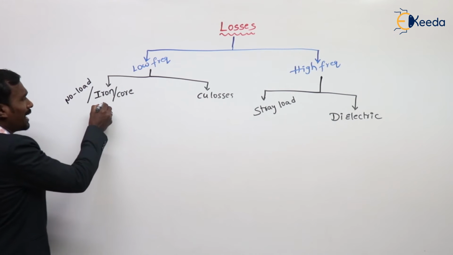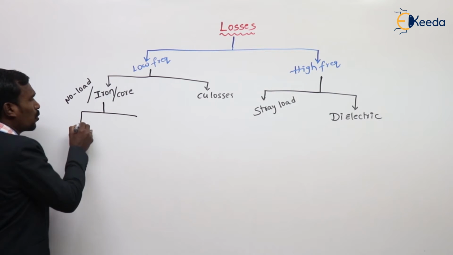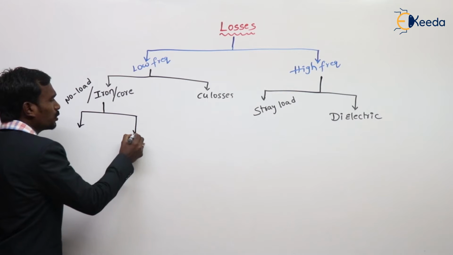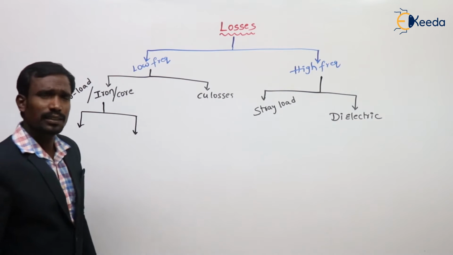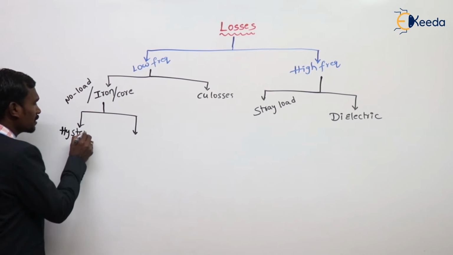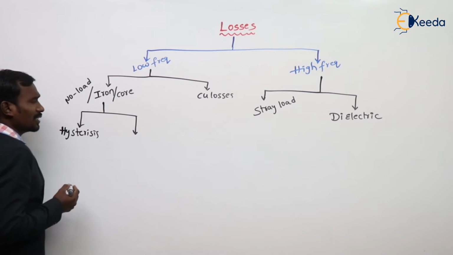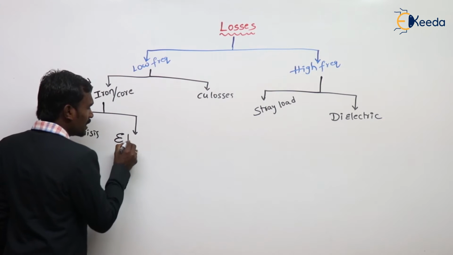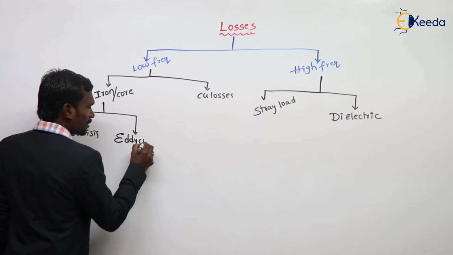This iron losses or core losses are again of two types. One is the hysteresis losses, the other one is the eddy current losses.